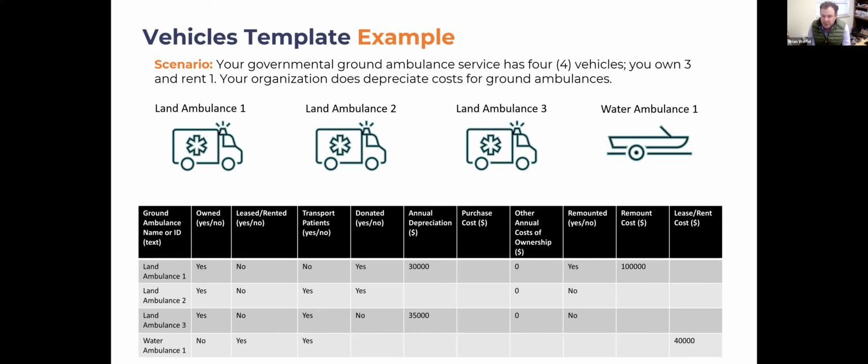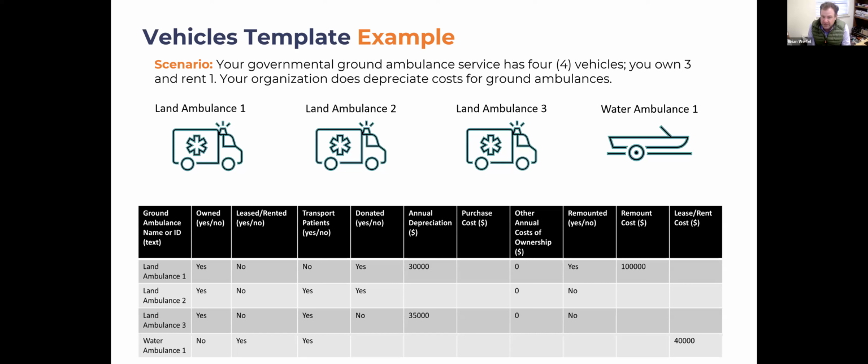They are incurring depreciation on the first and third ambulances, and they're listing that amount. And on the first ambulance, the reason why they're claiming depreciation is because they're saying they remounted it that year. And the assumption is that the remount has roughly a 3-year usable life. So they're claiming 30,000 of that 100,000 in remount costs as depreciation in that first year.